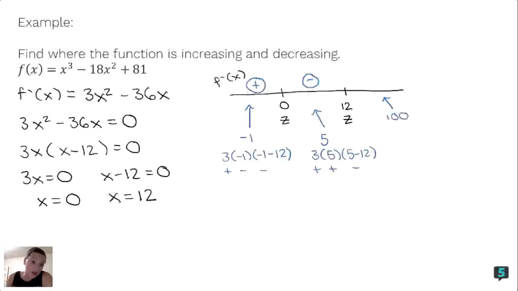I picked 13 on my own paper when I did it. So we're going to have 3 times 100 times 100 minus 12, which is going to give me positives across the board, which gives me an overall positive. So f prime of x is positive in the interval from 12 to infinity.